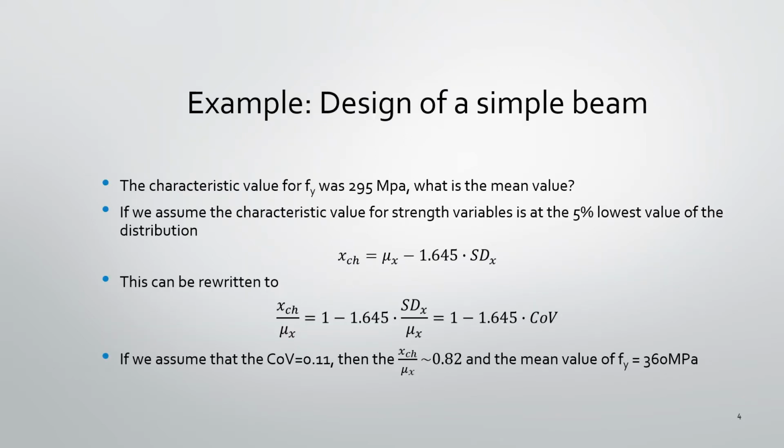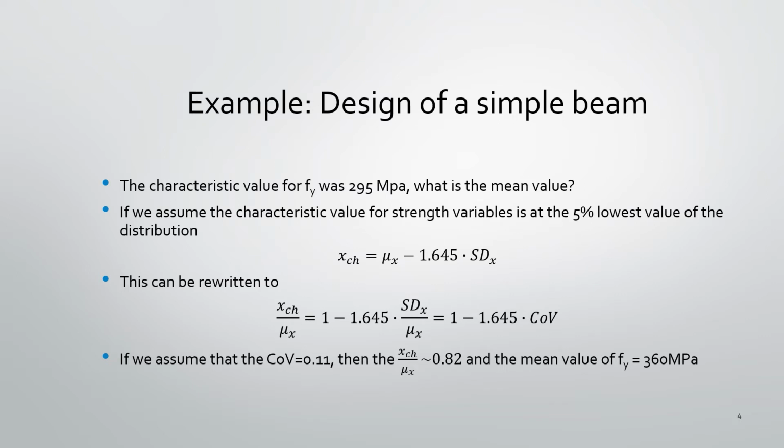For a probabilistic analysis of the same problem, we need to determine the mean values and standard deviation for the different parameters included in the limit state equation. The mean value and the standard deviation can be determined from the characteristic value of the yield strength with some assumptions.